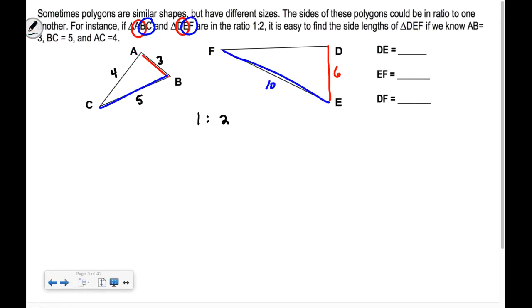And then the last one is going to be AC. So first and third letter matches up with first and third letter, DF. So AC to DF, it's going to be 8. Does that make sense? You guys see how we do that? It's kind of similar to what we did with congruent triangles, only now we're scaling it. We're making it smaller or bigger, depending on what we have. Okay, so DE was 6, EF was 10, DF was 8.